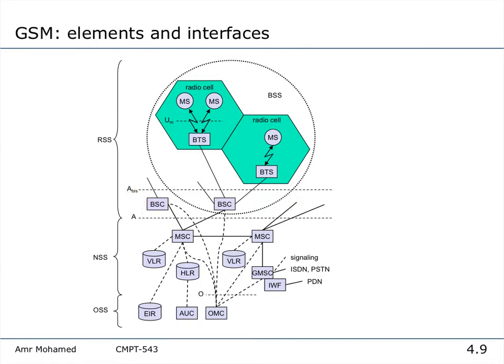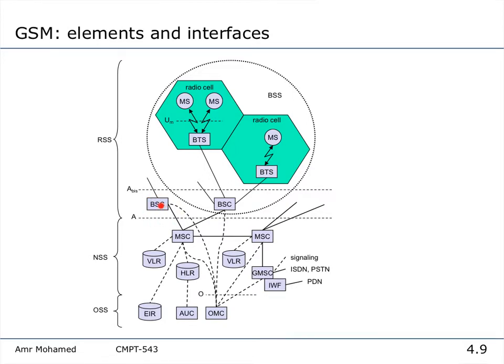This ABIS interface, as we said, multiplexes multiple UM interfaces into a high-speed data service that can reach up to 64 kilobits per second, which is, of course, very low compared to what we have today. And then it defines certain signaling between the base transceiver station and the base station controller. Some signals going back and forth, each one with how the signal looks, the format, and so on.